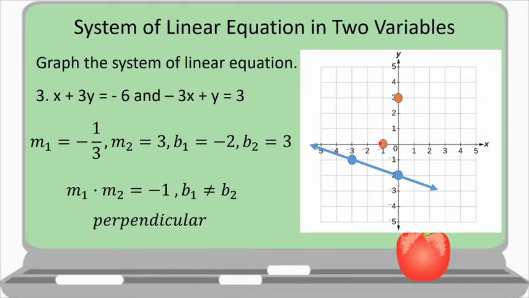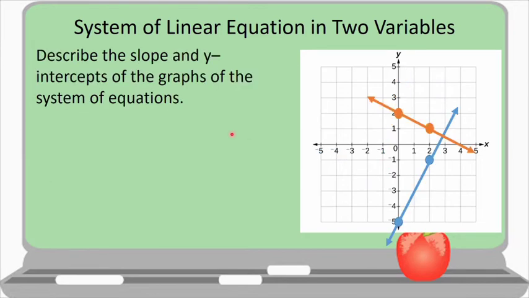So negative 3 over negative 1 is positive 3. So connect it by the straight line. So this will now be the graph of negative 3x plus y equals 3. So if you notice, the angle formed by the intersecting lines is perpendicular, or it formed 90-degree angle or right angle.